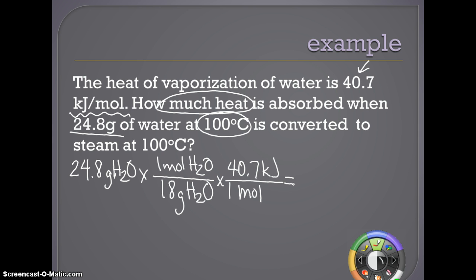So 24.8 divided by 18 times 40.7 to vaporize 24.8 grams of water.